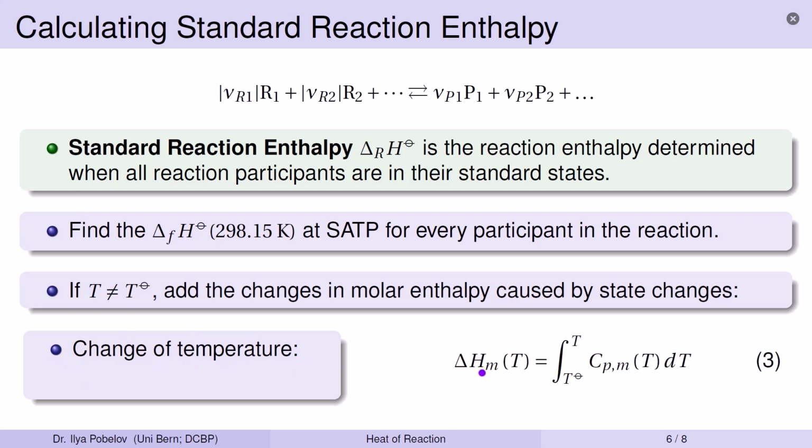The associated change in molar enthalpy can be calculated as the integral of the molar heat capacity, CPM, with respect to temperature taken between the standard temperature and the desired temperature. We might also have to account for changes in molar enthalpy due to the phase transitions that occur during the state change from the standard temperature to the desired temperature.